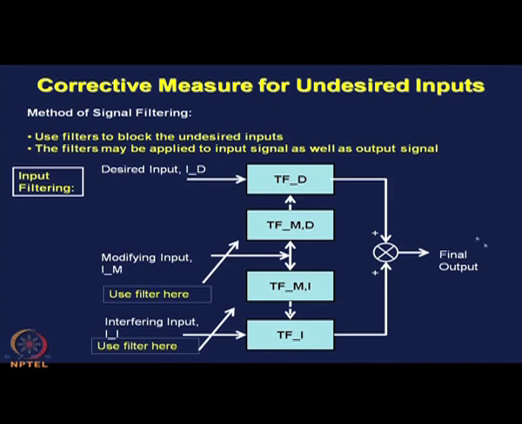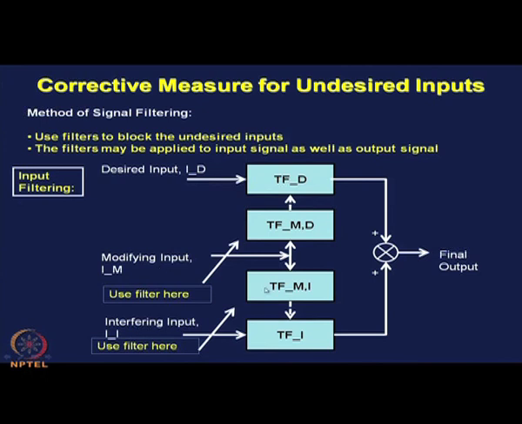I want this output to be sensitive to desired input only, but the instrument also responds, in the process of being sensitive to desired input only, to modifying input as well as interfering input. So, if I can introduce a filter here and if I can design a suitable filter, it may block the modifying input.